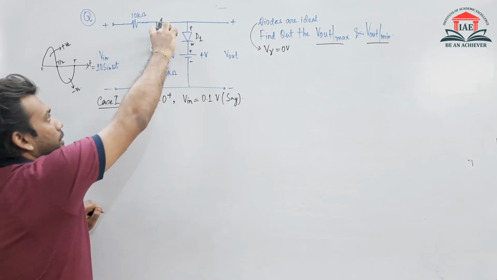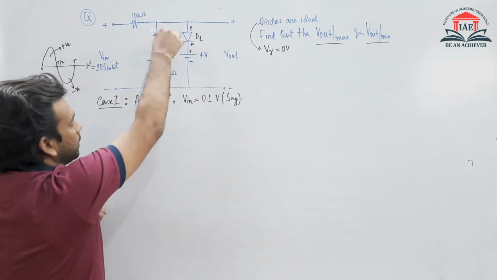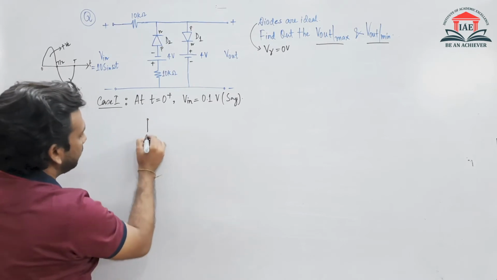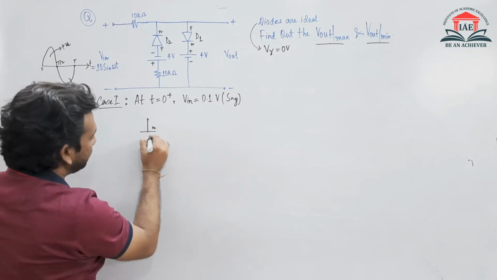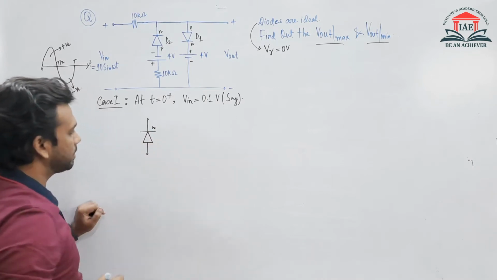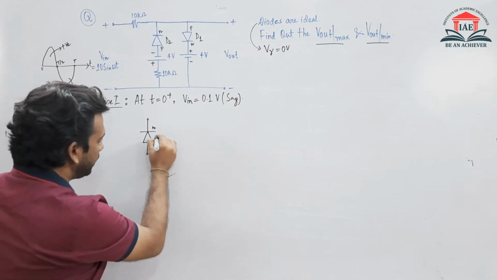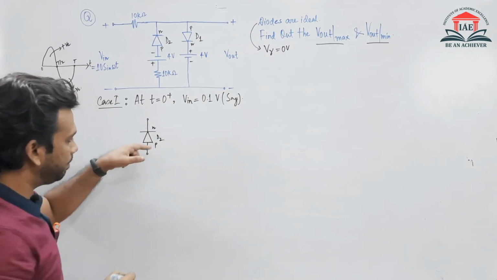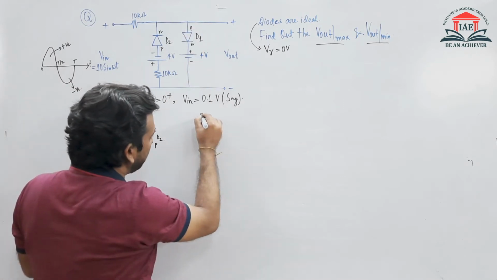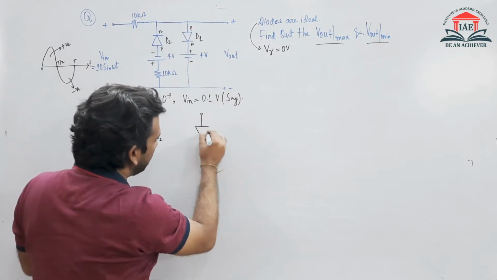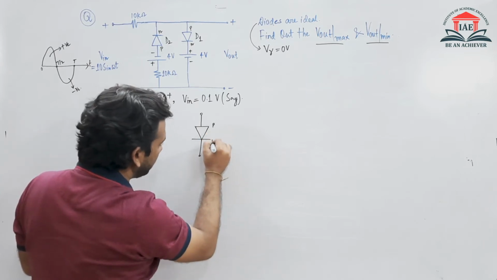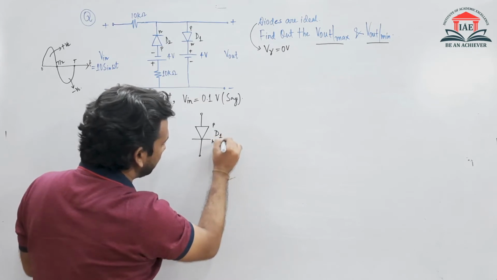If I draw the D2 diode, this is the N side and this is the P side. Similarly, the D1 diode can be drawn like this, with the P side and the N side.